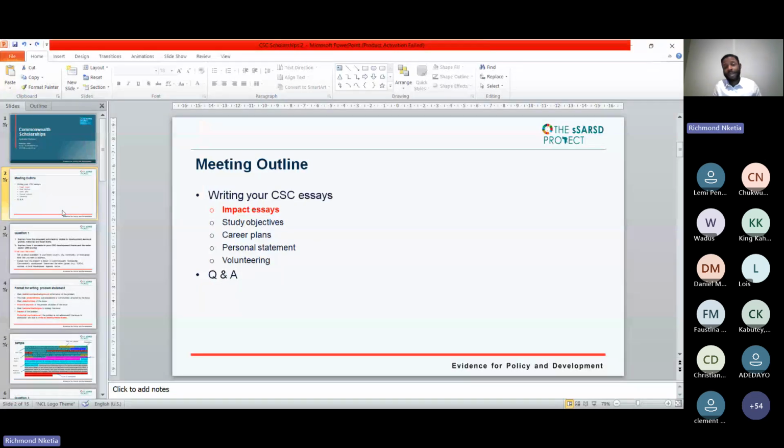So like I said last week, see this as a grant application. What you're going to do is tell the Commonwealth Scholarship Commission that Ghana has got a problem, this specific problem. The government has tried to address it. They've done ABC.